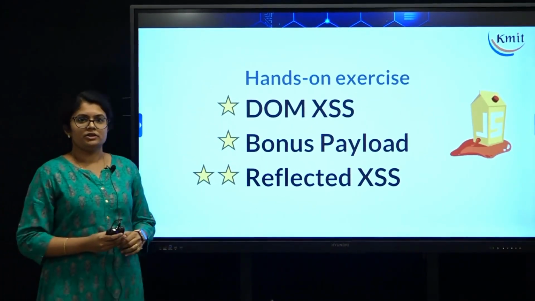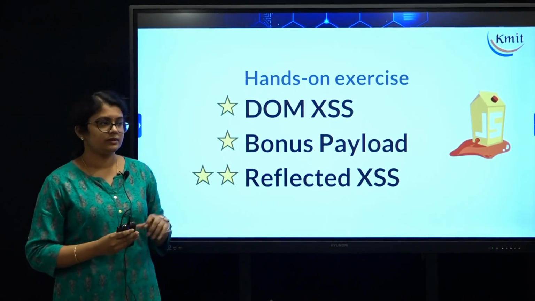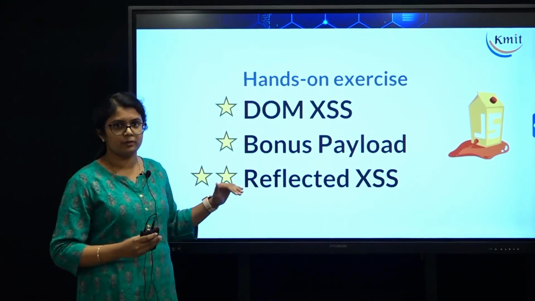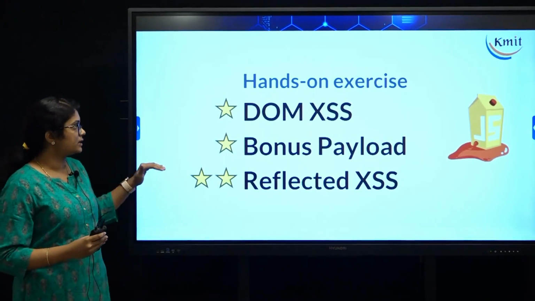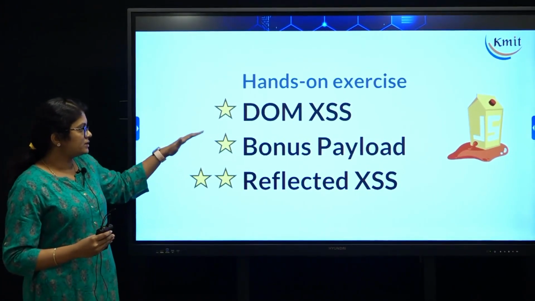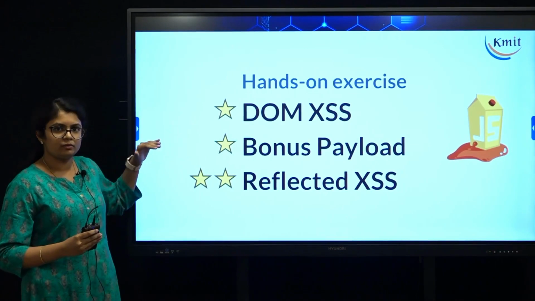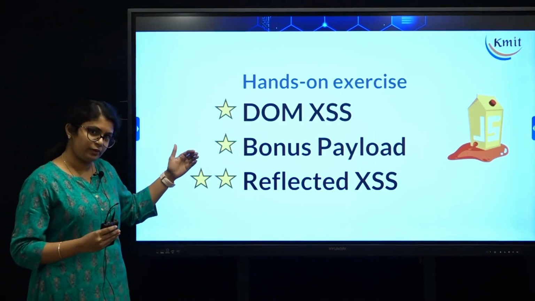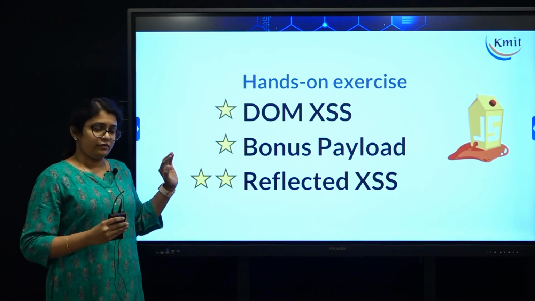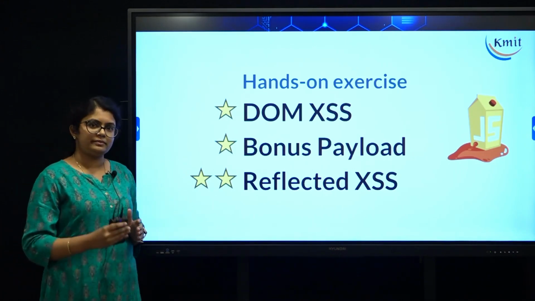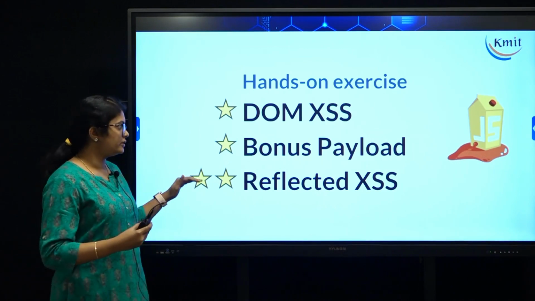Now with this knowledge, you have to solve these three challenges on Juice Shop. The first two are very easy since they are 1-star rating. DOM XSS and bonus payload are almost similar, and they can be solved quickly. And then you have a reflected XSS attack, which needs you to explore the website a little more in order to solve this challenge.